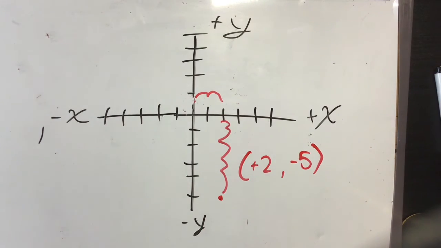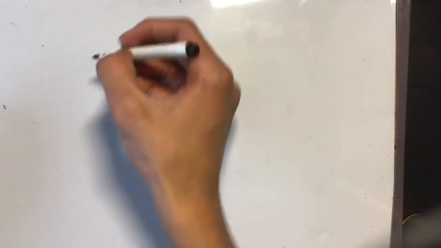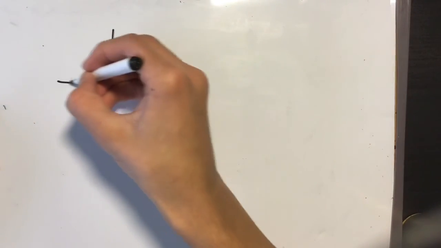Now, I'm pretty sure you're wondering why do we even need to use these Cartesian grids? Well, in the next video, I'll explain one type of graph. In graphing, there are many different equations that could be represented.